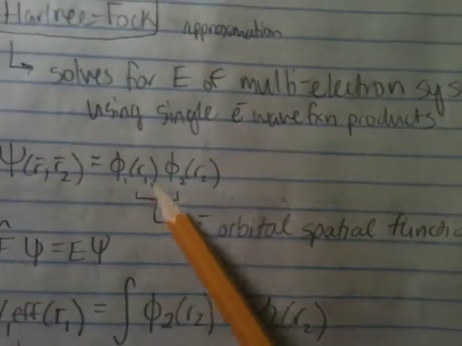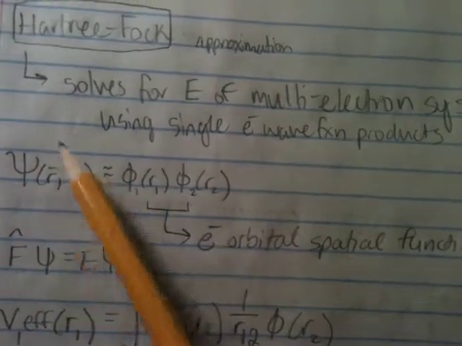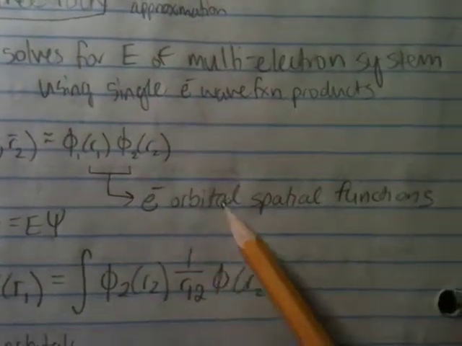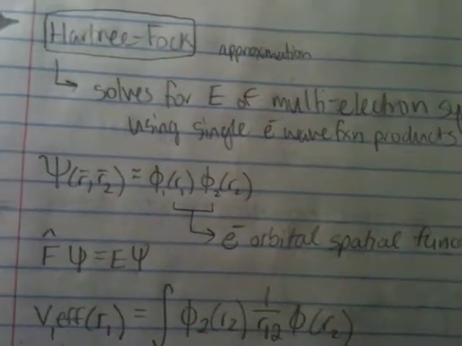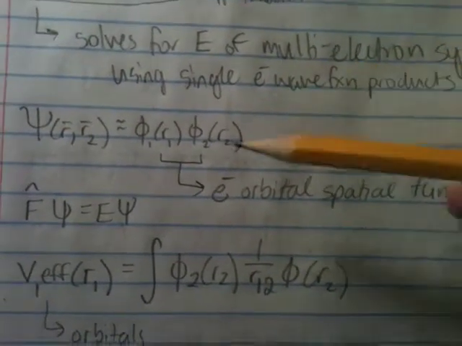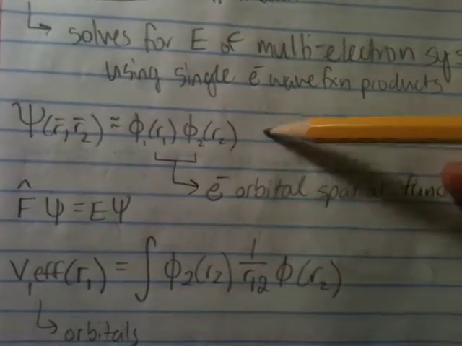These products that make up this wave function, they describe electron orbital spatial functions. Right? That's given. This just means here's my electron 1 in this place, and electron 2 is in this place.